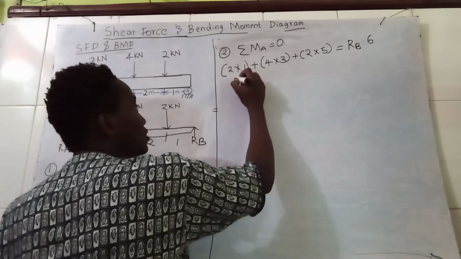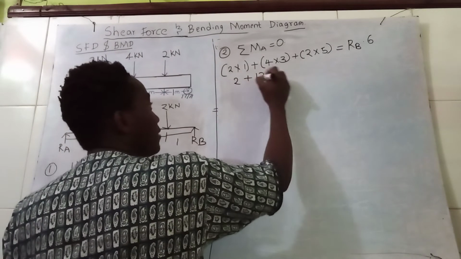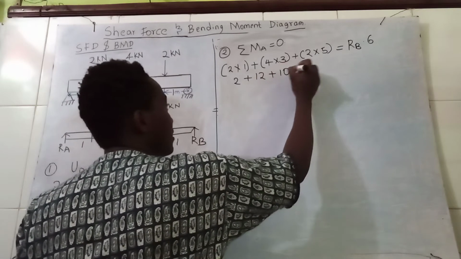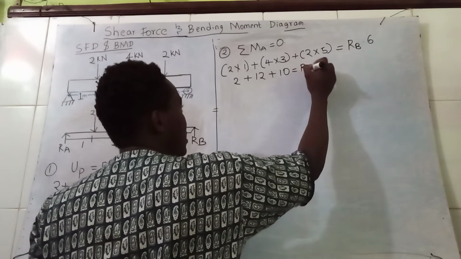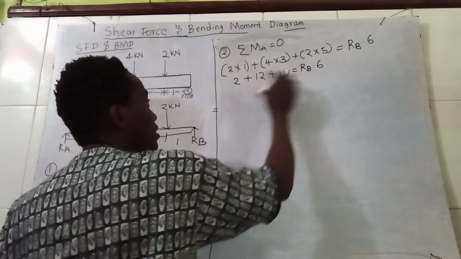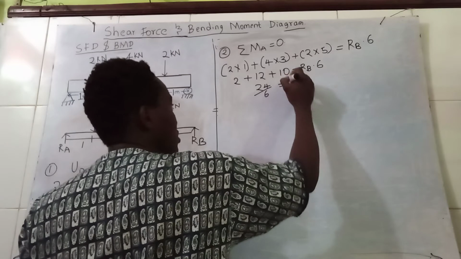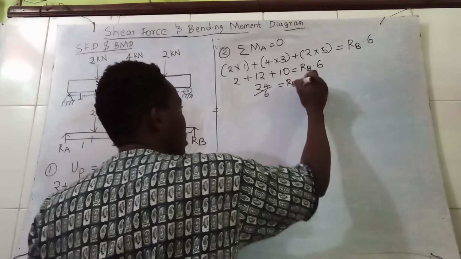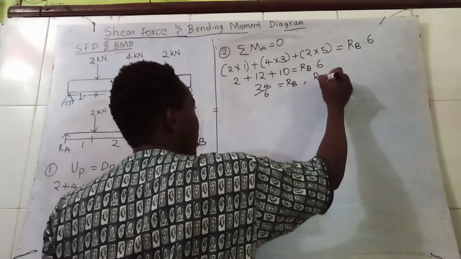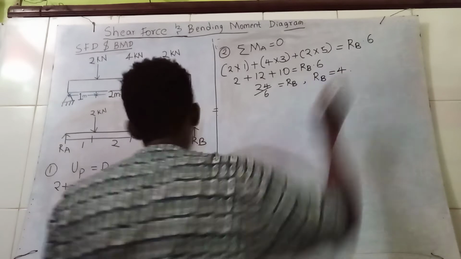So that is going to be 2 plus 12 plus 10 is equal to RB times 6. That is 24 divided by 6 is equal to RB. So RB is equal to 4.